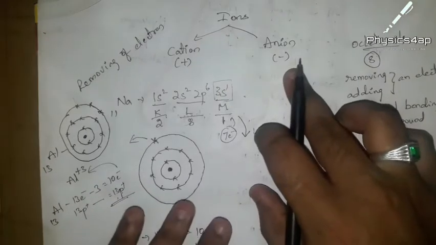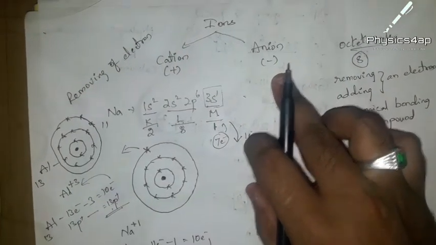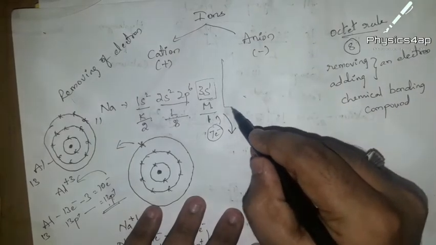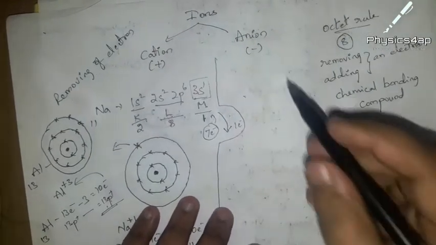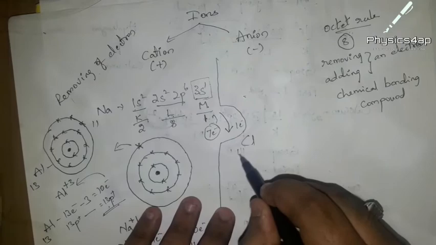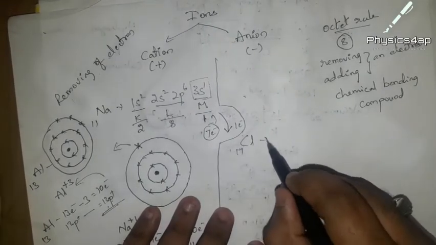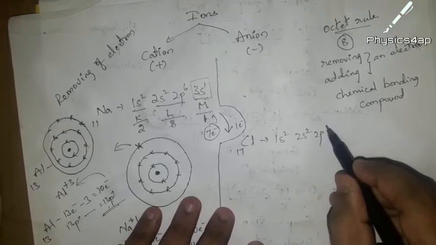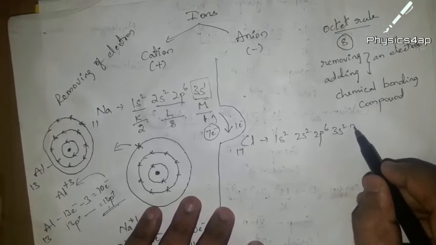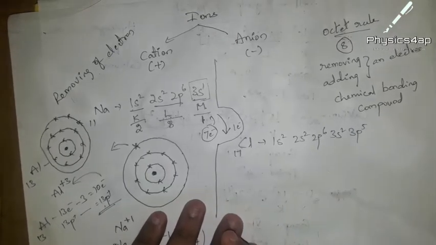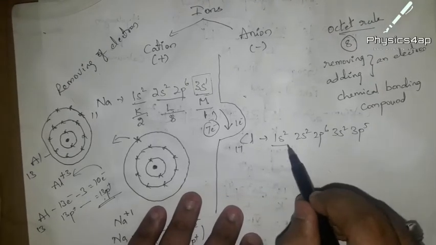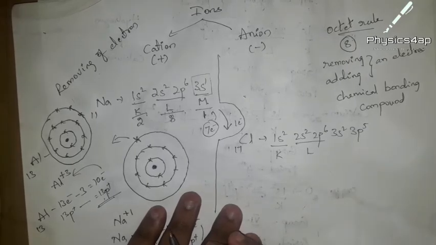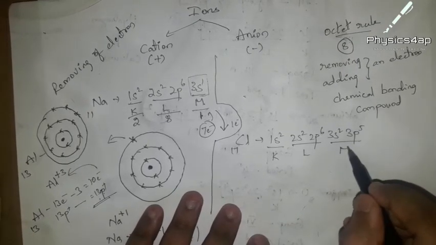Now when we go for the anion, it is the negative charge, formed when we add an electron. So when we add an electron, we get an anion. For example, take chlorine, atomic number 17. The electronic configuration for chlorine is 1s2, 2s2, 2p6, 3s2, 3p5. This is the first orbit, K shell, this is the second orbit, L shell, and this is the third orbit, M shell.